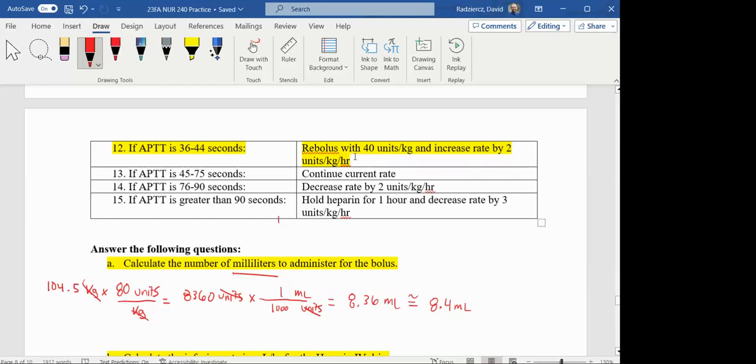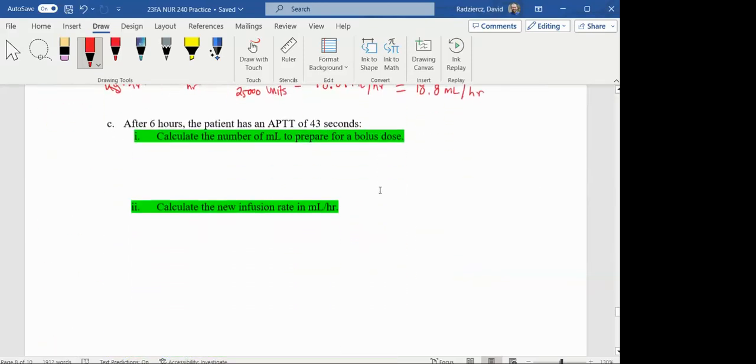It says to rebolus with 40 units per kilogram, and then to increase the rate by 2 units per kilogram. So the rebolus would be taking that 104.5 kilograms, and this time we're going to multiply by 40 units per kilogram. So 104.5 times 40 gives me 4,180.